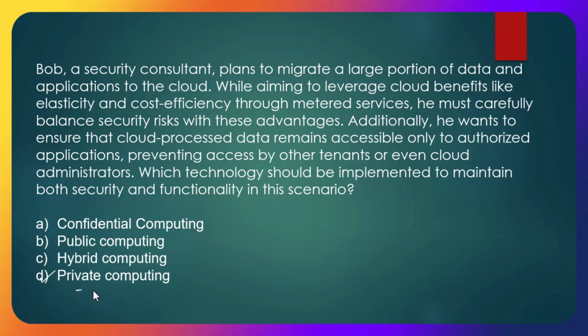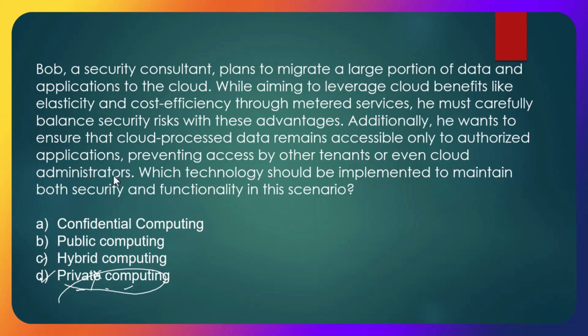Option D, private computing. Yeah, I can go for private cloud or private computing. But the question is talking about wanting to make use of elasticity, cost efficiency, metered service, and this D option is saying private computing. So I'll remove this option.